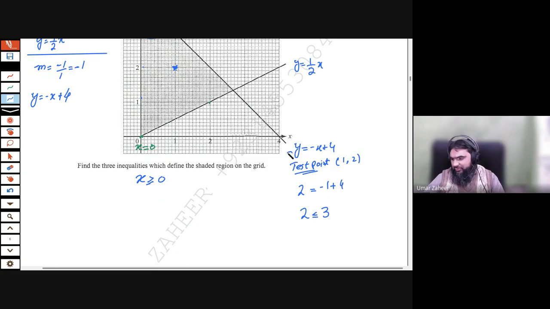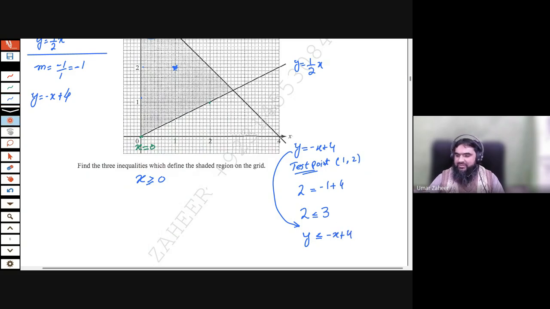So the same inequality you have to substitute, because when you substitute a point you get a numerical value, and once it's a numerical value, it is easy to find out which inequality sign to write. So this means that y is lesser than or equal to minus x plus 4.